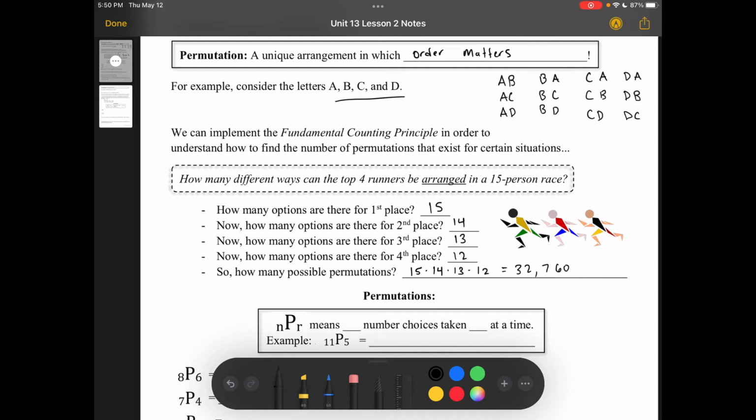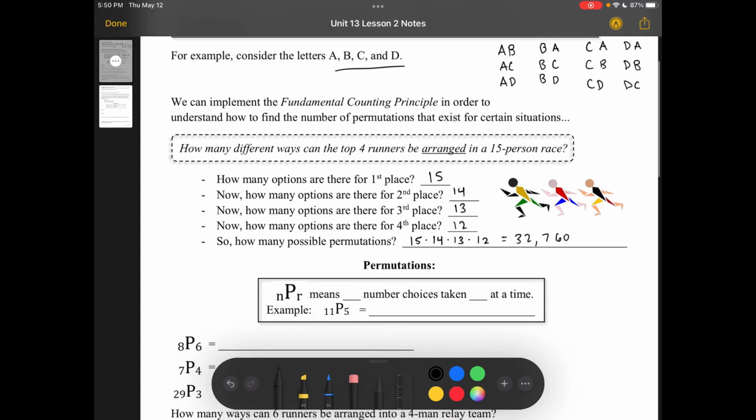Now some notation. This notation here, nPr, means n choices taken r at a time. So 11P5 would mean we're taking 11 choices, 5 at a time.